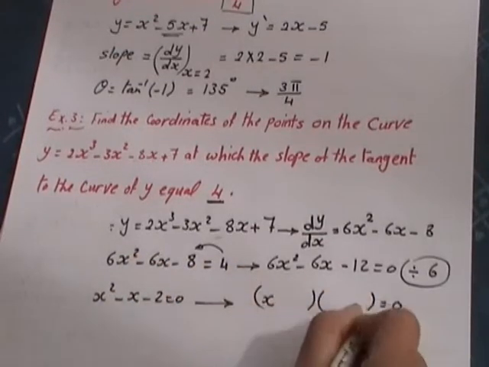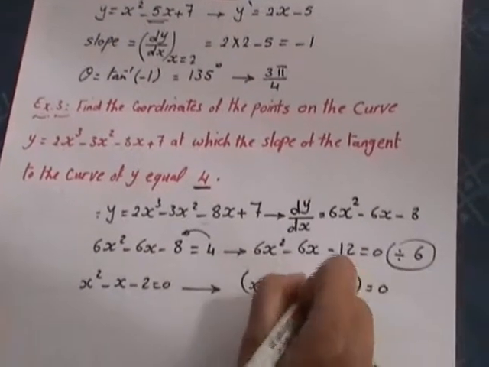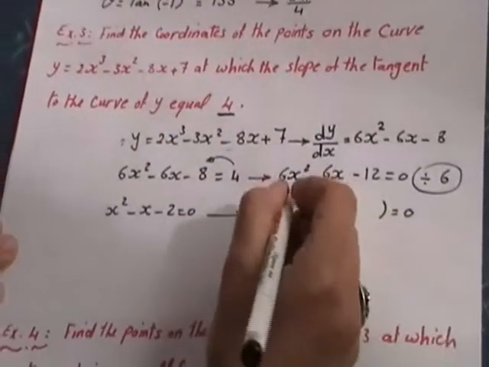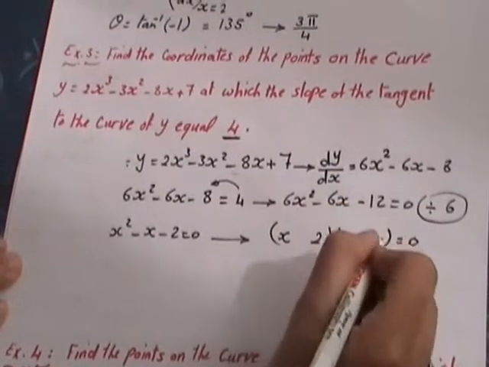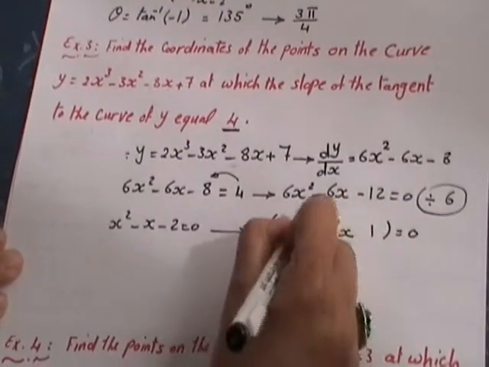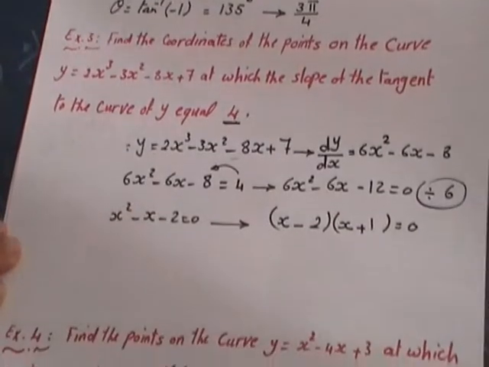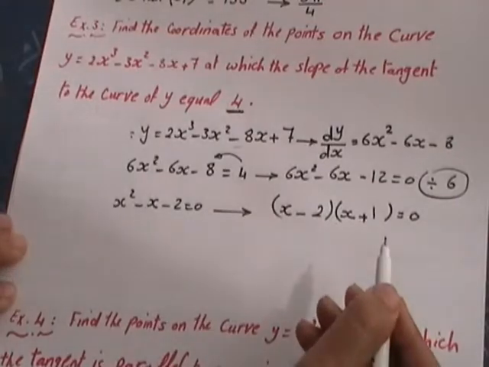So we can factorize in an easier way like this. We put x in the 2 brackets, x and the two numbers whose product is 2, which are 2 and 1, and we put the signs negative 2 and positive 1, because the middle term is negative, so the greater one will be negative.